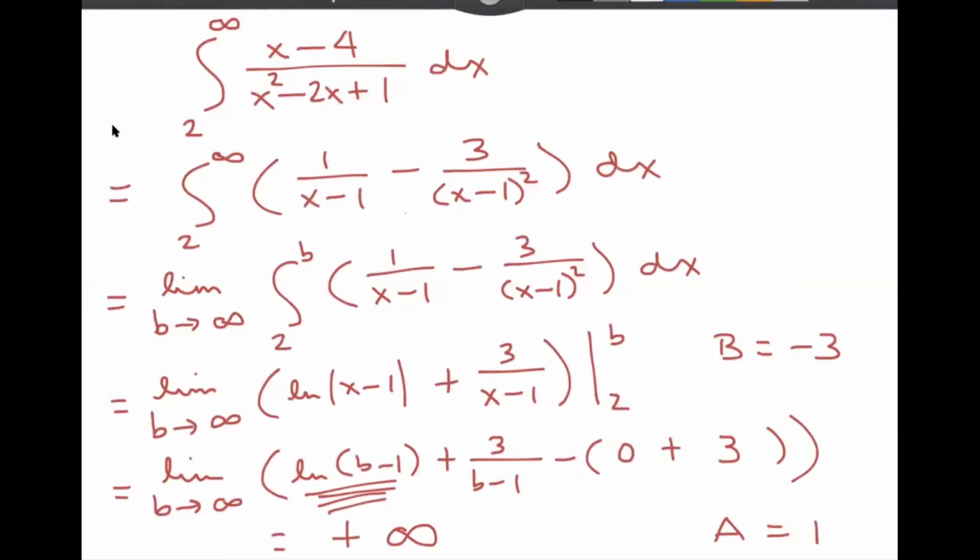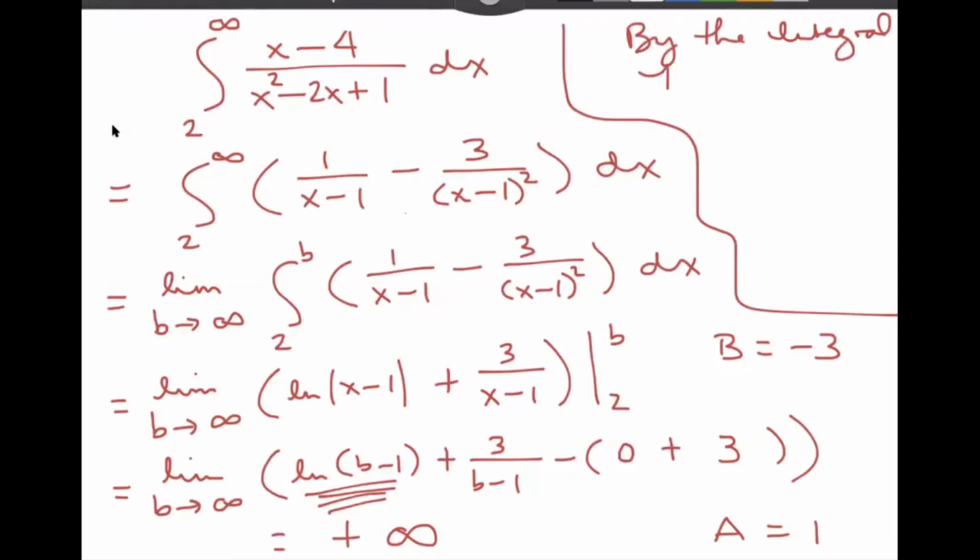We have just shown that this integral diverges. Therefore, by the integral test, the series n equals 2 to infinity n minus 4 over n squared minus 2n plus 1 also diverges.